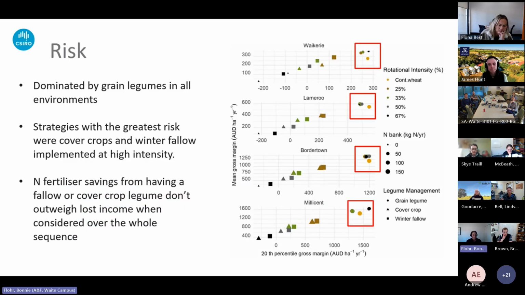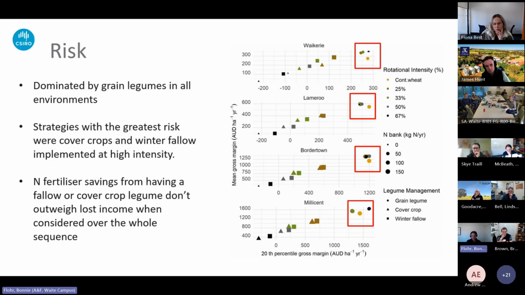So Brendan asked to make sure I had some discussion on risk, and this is how we talked about risk in the publication. We plotted mean gross margins against the 20th percentile gross margin, and so treatments that have a high profit and low risk are those in the top right-hand corner of each panel.